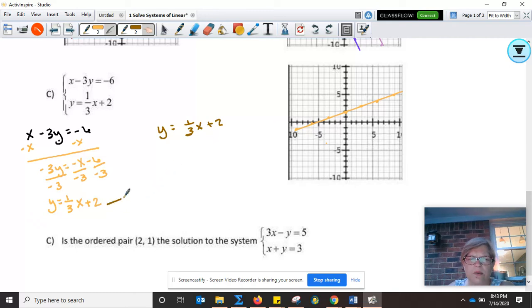Uh-oh. What do you guys notice about these two equations? They're the exact same, so I'm going to have the same line. Same point, same everything. Okay, they're the same line. So the answer is infinitely many solutions.